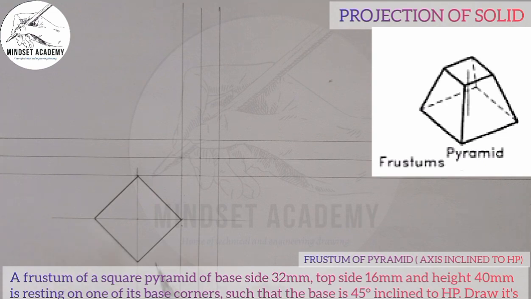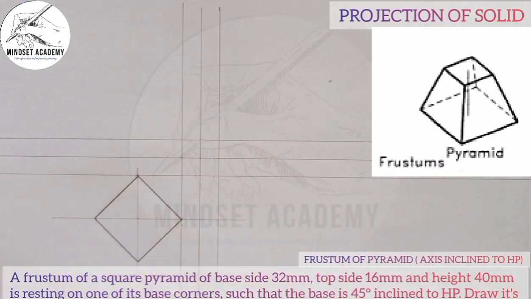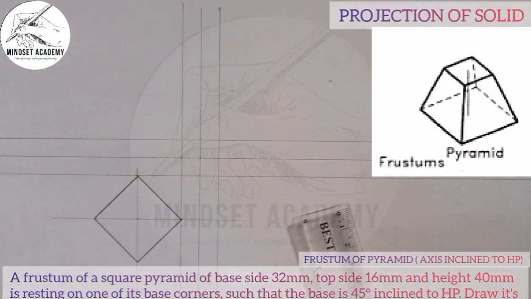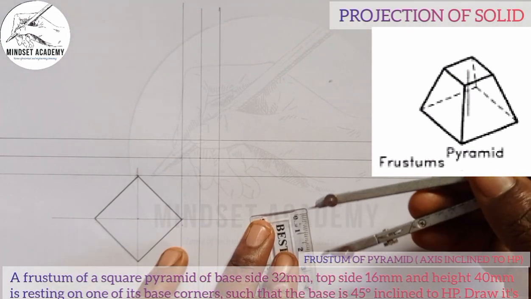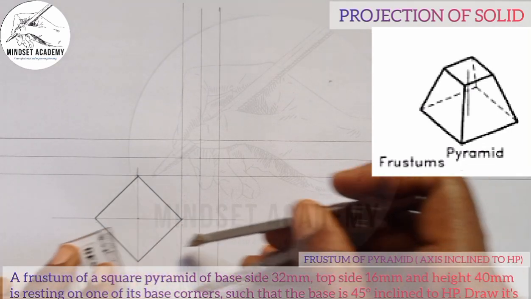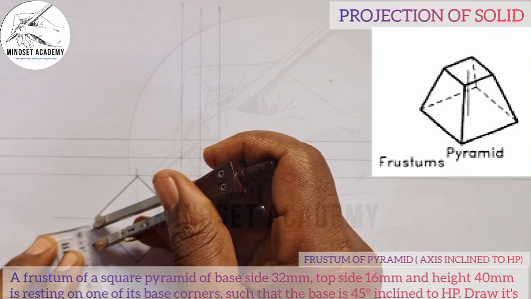And this is the center here. From here to here 16, and we're told that the top side is what, 16 millimeter. So what I'll do is I'll measure half of 16, which is 8, right? So I'll measure half of 16 from 0 to here, and that is 8.